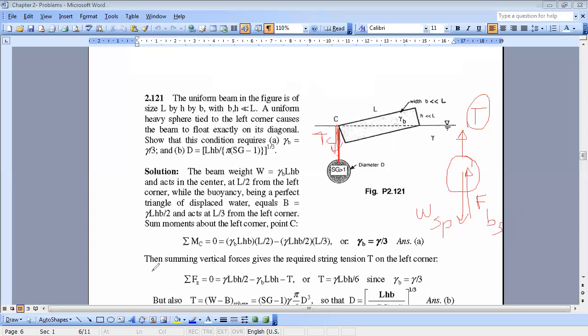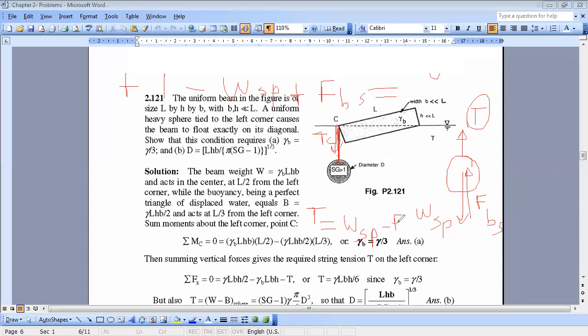If I write the equilibrium relation for my sphere, I get the following: plus tension T, minus the weight of my sphere, plus F buoyancy on the sphere equals 0. So this will give me that the tension T is equal to the weight of the sphere minus the buoyancy force on the sphere.